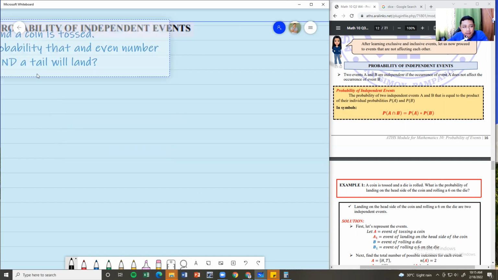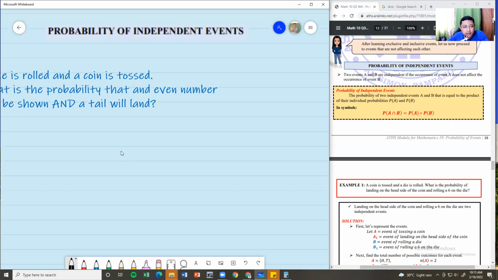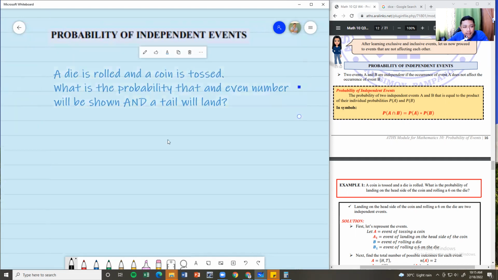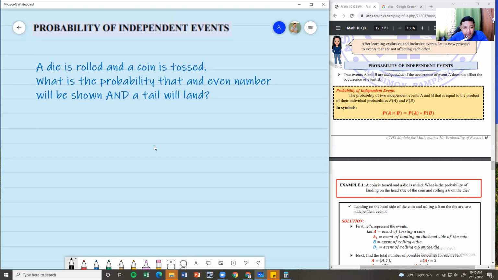So this time, we are now dealing with the probability of independent events. Okay. Iba si event A kay event B, pero at the same time, pareho silang lalabas. Okay? A die is rolled and a coin is tossed.